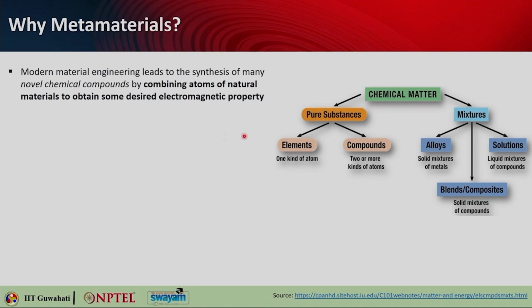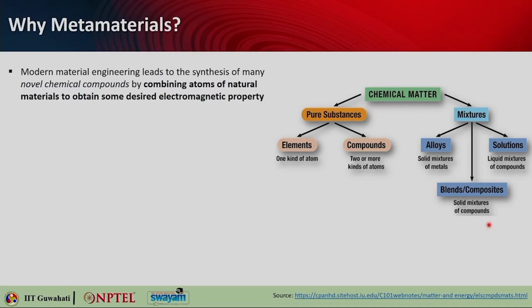Modern material engineering relies on different chemical matter made of either pure substances, such as pure elements or compounds, which are made of two or more kinds of atoms, or different mixtures, such as alloys, which are solid mixtures of metals, solutions, which are liquid mixtures of compounds, and blends and composites, which are solid mixtures of different kinds of compounds.